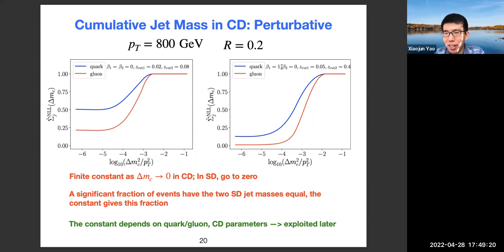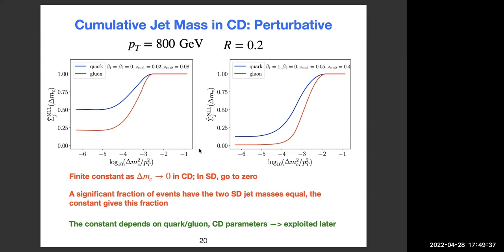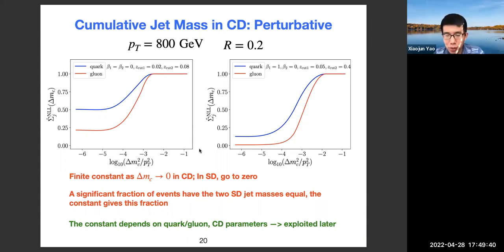And also the betas here are different, which will also contribute. I would say it's just a coincidence here. If we choose the same beta but change the z-cut, then it will be different. Okay, I see. Thanks.